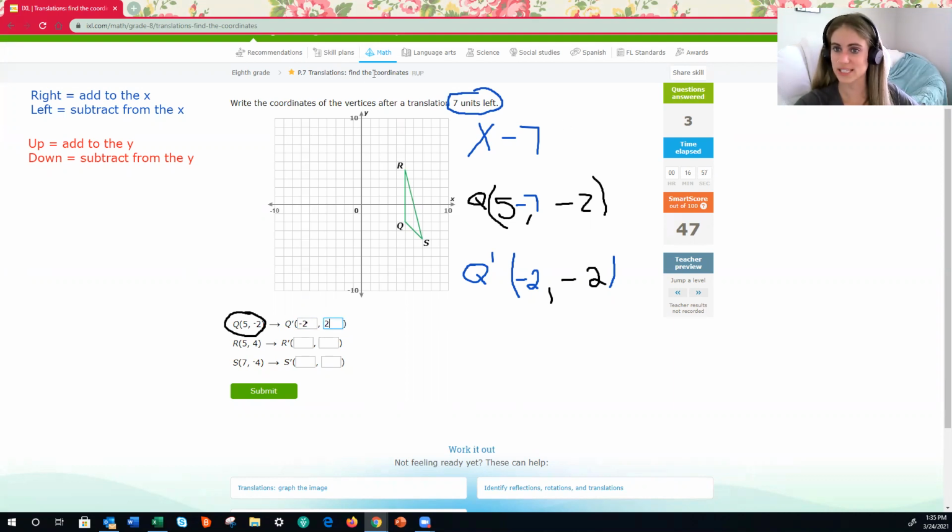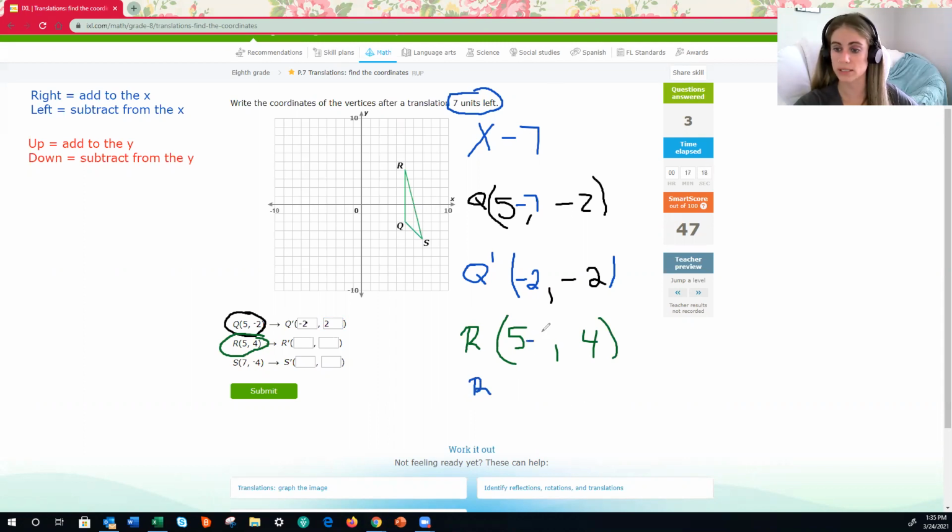All right, let's try our second point. So R is located at 5, 4. In order to find our R prime, same transformation, so it's translating 7 units to the left.